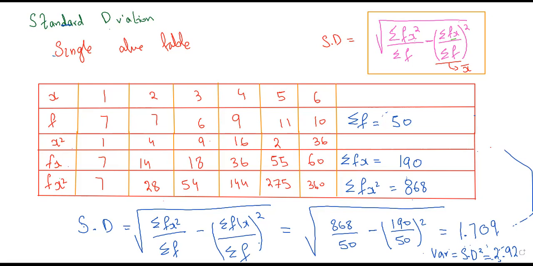So just note this formula down with the heading that it is used with a single value table. When I say single value table, I mean you just have X. In some questions, you have a range for X as well. But for these questions, you would just be having X directly. So this is the single value table.